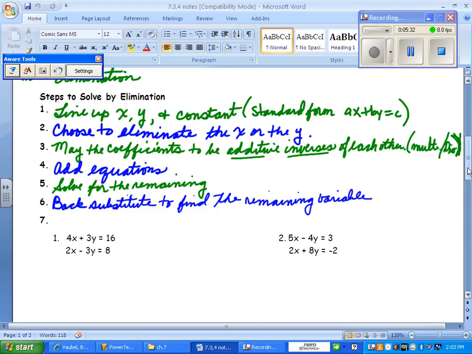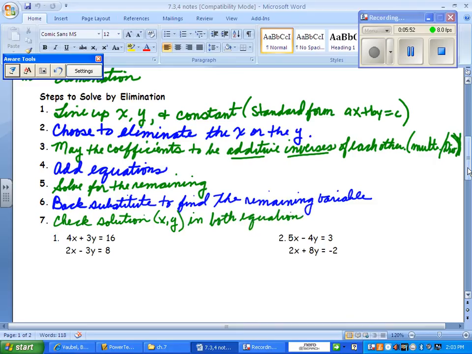Back substitute to find the remaining variable, and your last step is to check your solutions in both equations. Check solution. Now your solution, if it's an ordered pair, put it in ordered pair form in both equations.